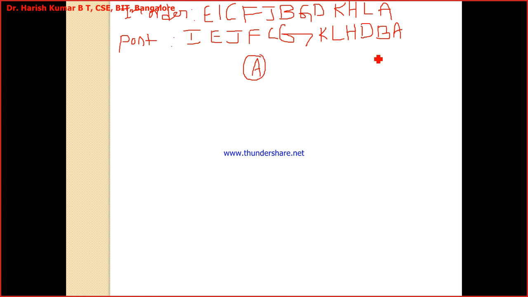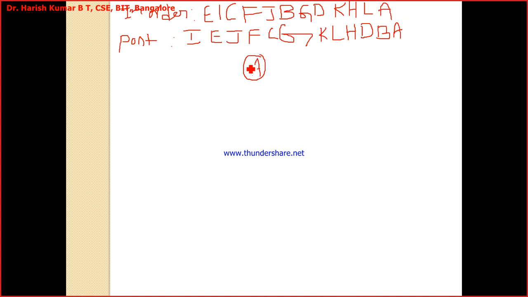Now here, I'll check where A is present inside the Inorder. So A is here, and all the nodes which are towards the left side of A take the left subtree of A. And there are no nodes after A in the Inorder sequence. What does it mean?